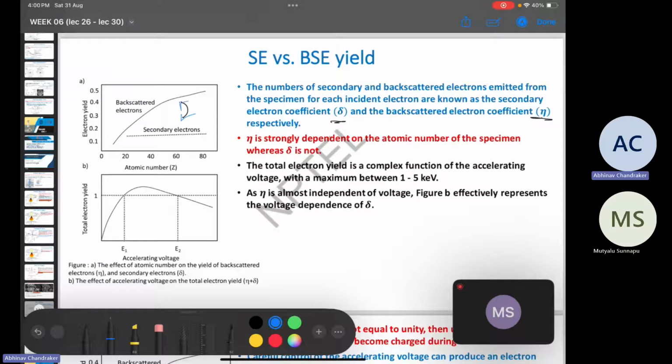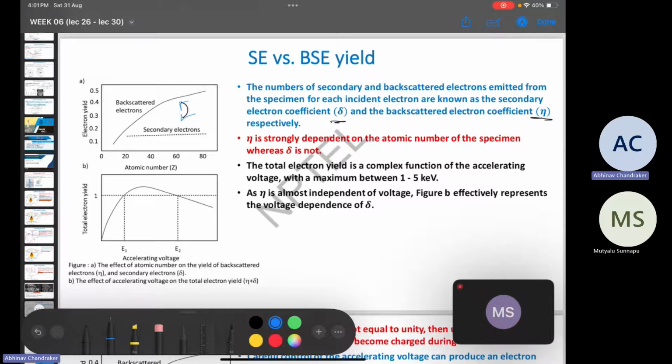This can be somewhat understood if we see the difference in how the BSE and SE electrons get emitted. BSE electrons are generated due to interactions of the primary electron with the nucleus of the atom, and the nature of the nucleus has a strong effect on the BSE generation.